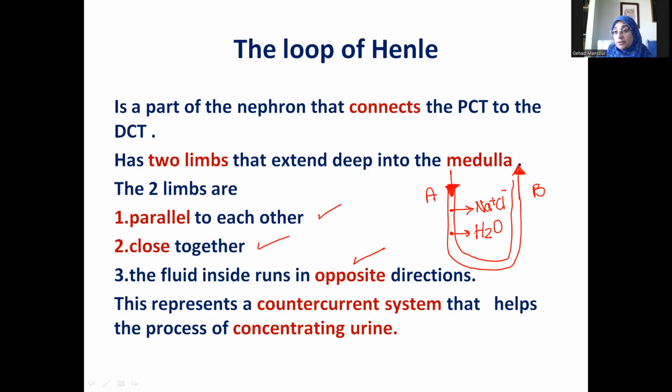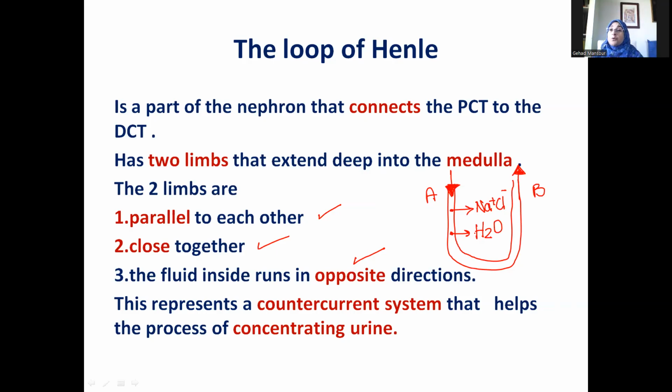You are concentrating urine. You might be asking yourself, I am reabsorbing solute particles, and meanwhile I'm reabsorbing solvent, which is water, so the concentration should remain the same. Yes, this is a very smart question. But actually, we are reabsorbing water, the liquid part, more than we are reabsorbing sodium.